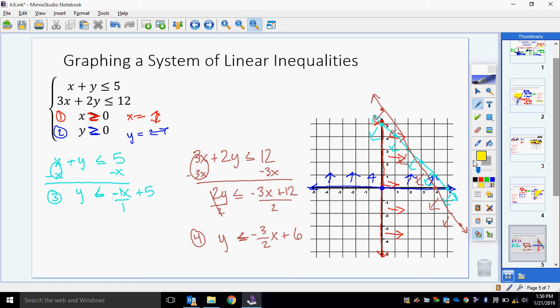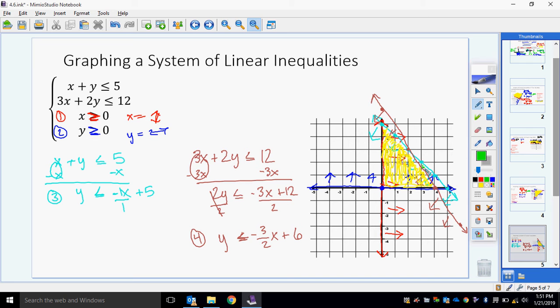So my common shaded region: above the blue, right of the red, and below both of these. So I need to be below the turquoise blue, and then below the rust color. So again, it kind of looks like a triangle, but make sure that you aren't shading in this area that I'm going to do in green.